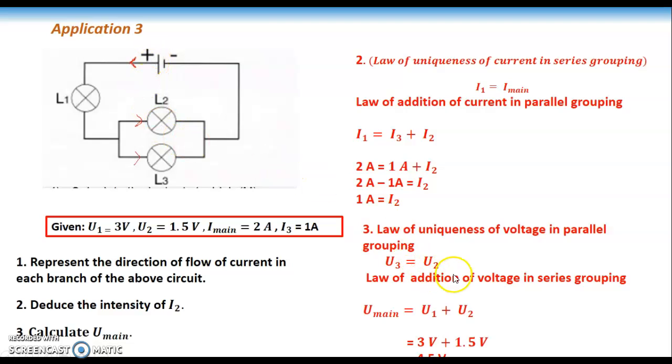So, by law of addition of voltage in series grouping, U main is equal to U1 plus U2, because U2 is equal to U3, which is equal to U of the grouping here. So we can say that U main or U battery is equal to U1 plus U2 by law of addition of voltage in series grouping. You have to mention the law. Now doing the substitutions, 3 volt plus 1.5 volt is equal to 4.5 volt.